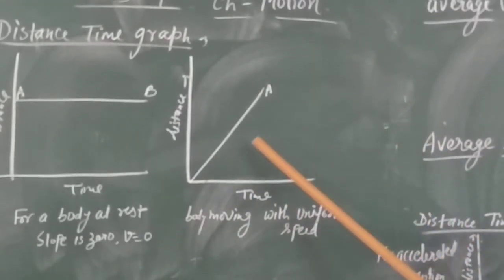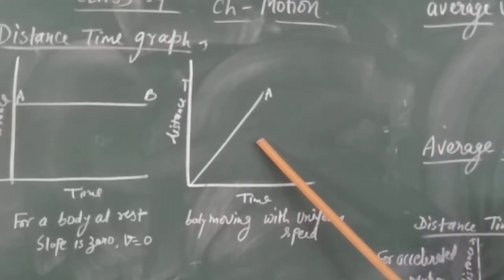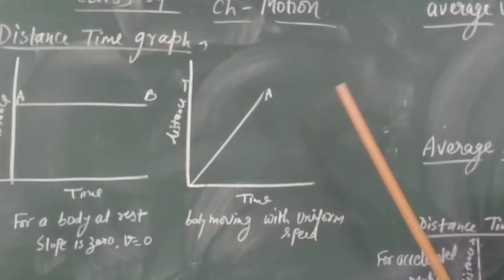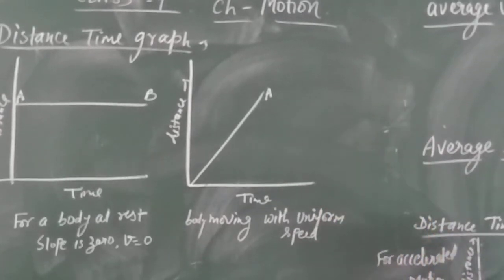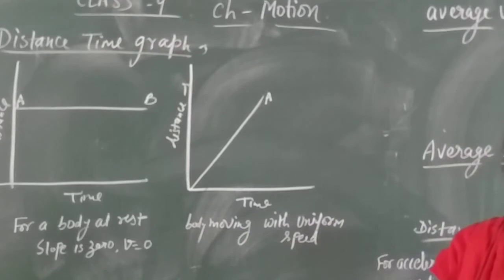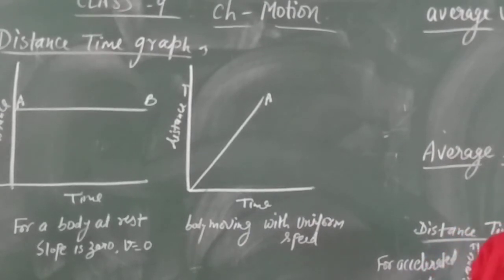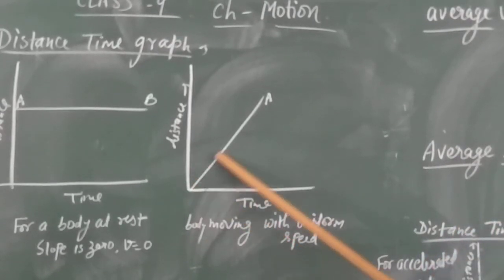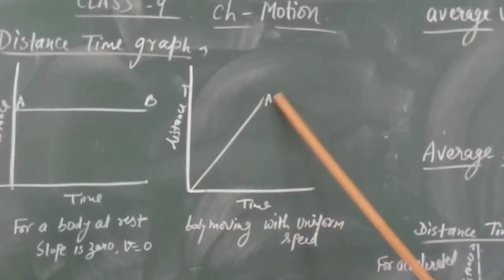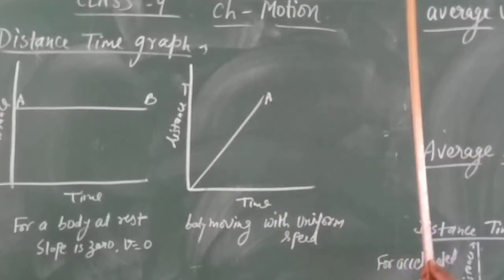This shows that the body is in uniform speed. There is no change in the speed of the body. If the body's speed is 10 km per hour, then it is always 10 km per hour, because there is no change in the direction of this straight line. There is no curved line.